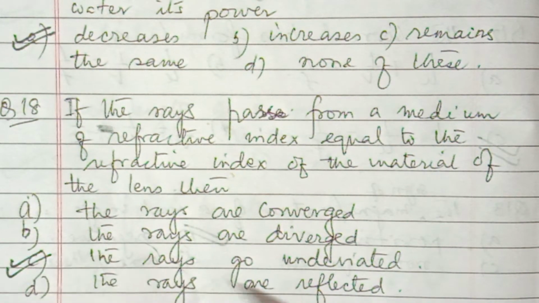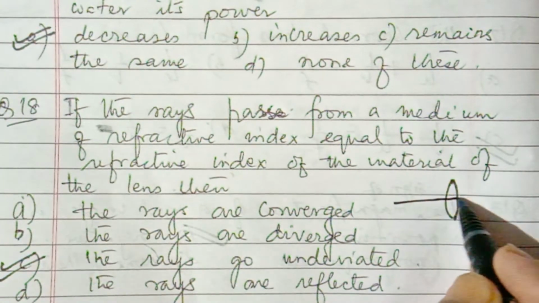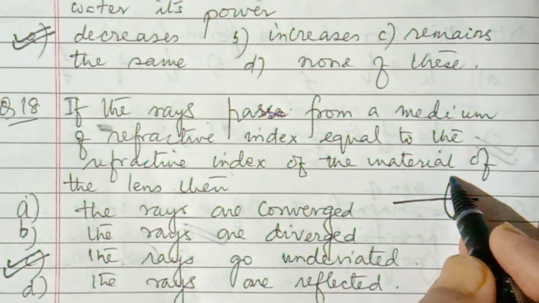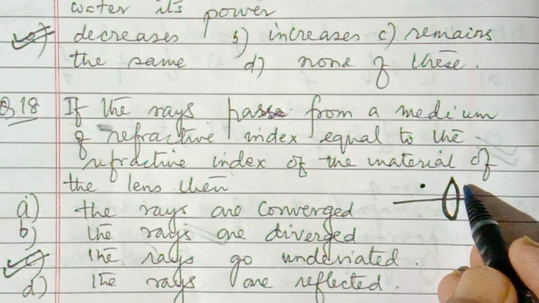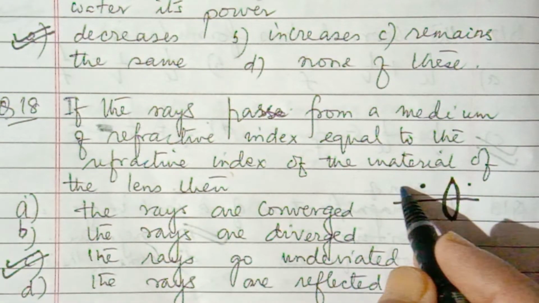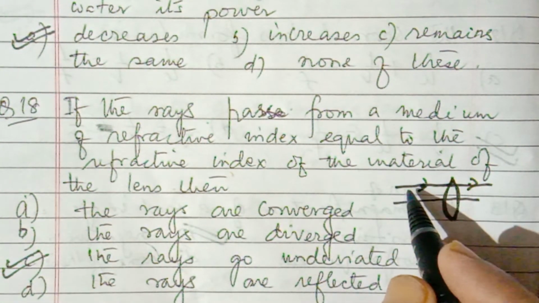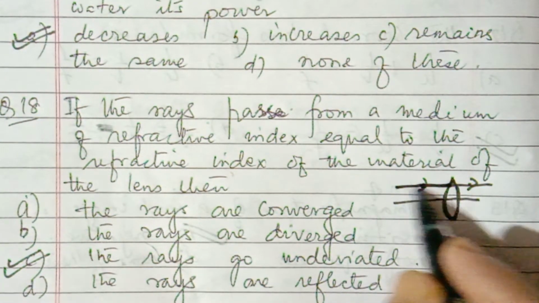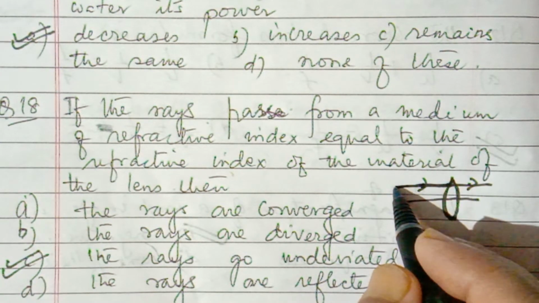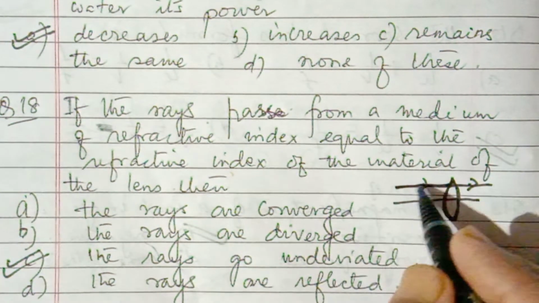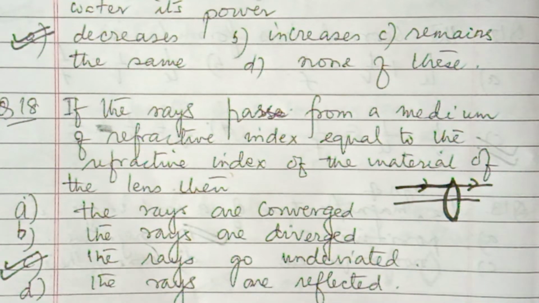So option C will be correct, because if the refractive index of the lens and the refractive index of the medium in which it is kept are both equal, then the ray will not bend, because it is passing from one medium to another with the same refractive index. So it will not be converged or diverged, it will go undeviated. Okay, so that is the answer.